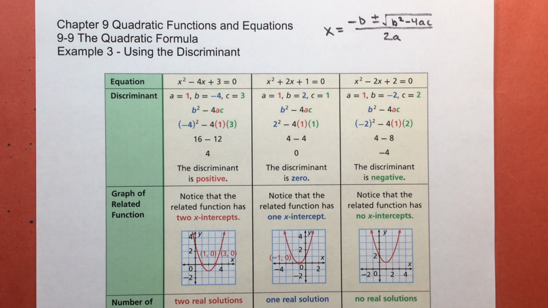But positive 0, negative 0 doesn't make sense. 0 has no sign. It's not positive, it's not negative. 0 is just 0. Adding 0 or subtracting 0, same idea. So what ends up happening is that you don't get two solutions. More correctly, you don't get two different solutions. You end up with just one solution, which is the same thing twice.